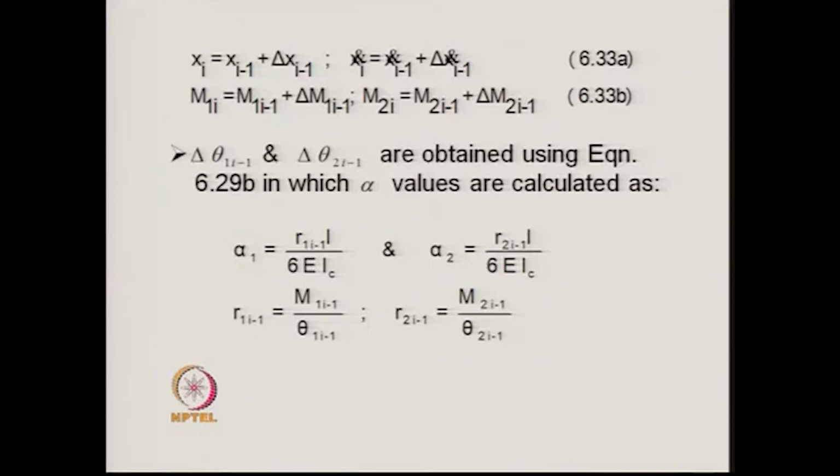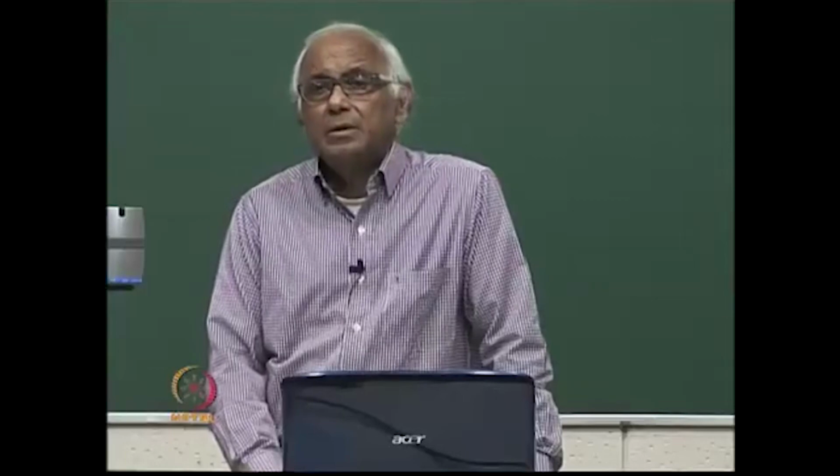For that, we should be able to find out the values of delta theta 1 I minus 1 and delta theta 2 I minus 1, that is the incremental rotations at those two sections. These incremental rotations are obtained using the previous equation, in which alpha values are calculated as follows.